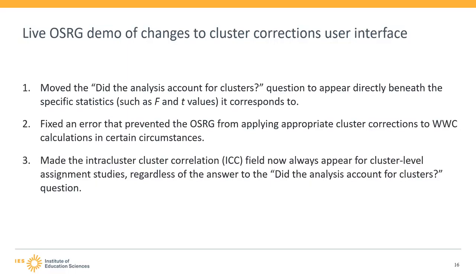These user-facing changes were implemented last month along with the version 4.1 updates, but they also apply to earlier OSRG versions, such as version 4.0. Josh will now demonstrate these changes.